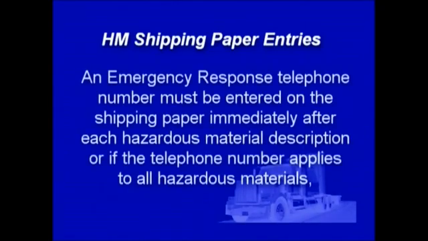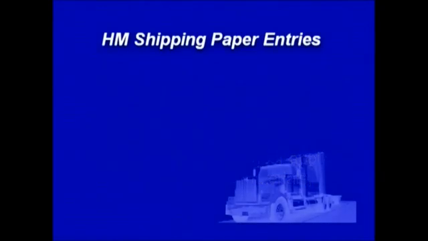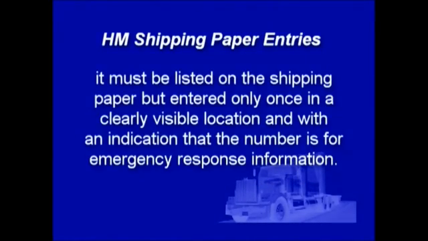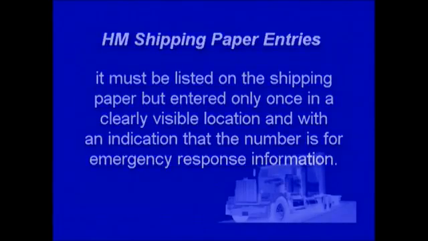An emergency response telephone number must be entered on the shipping paper immediately after each hazardous material description, or if the telephone number applies to all hazardous materials, it must be listed on the shipping paper but entered only once in a clearly visible location and with an indication that the number is for emergency response information.